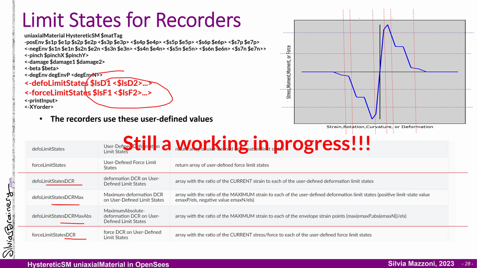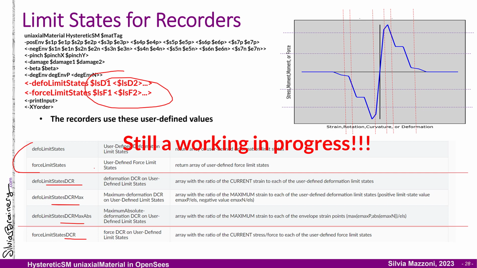Deformations makes a lot more sense, so it gives you the real-time maximum absolute value. For force, it just gives you the limit state compared to the real-time forces at all these different points. You can even ask for the actual limit states, but it's easier to get those out of the input.